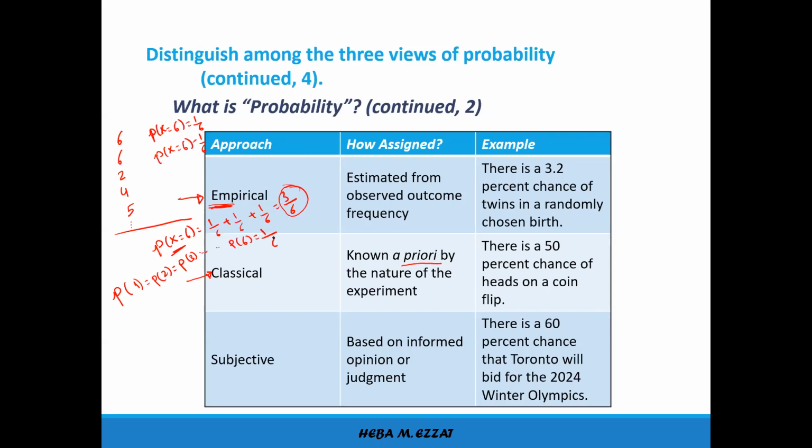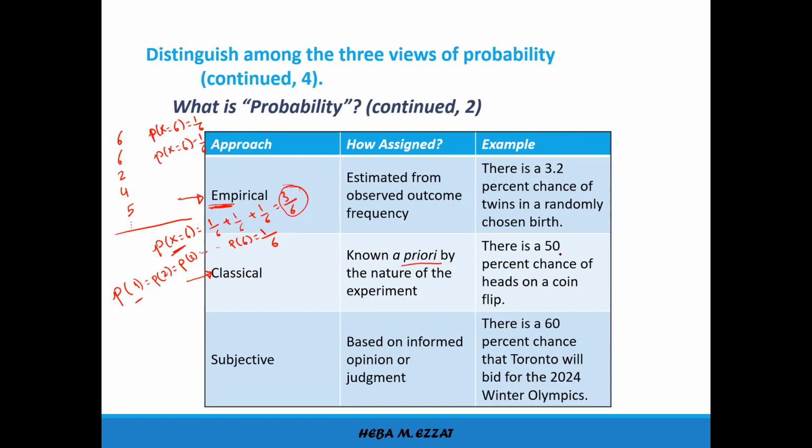All of them equal 1 divided by 6. This is called the classical probability, as we previously know that the result of 1 would be 1 divided by 6. I don't have to roll, because it's a priori known information for me.